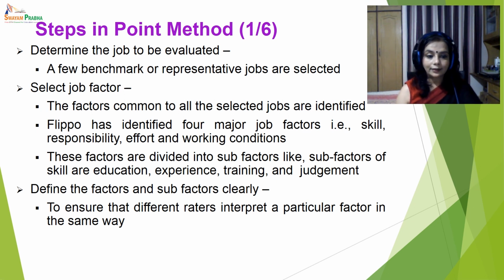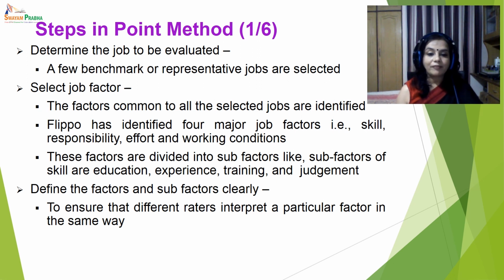Select job factors. The factors that are common to all the selected jobs are identified. So Flippo has identified 4 major job factors which we will make the basis for explaining the point method: skill, responsibility, effort and working condition. These factors are divided into sub-factors.